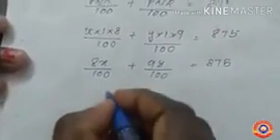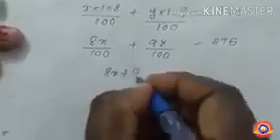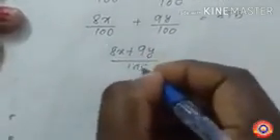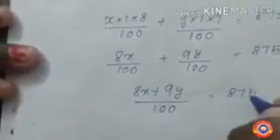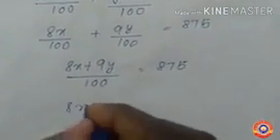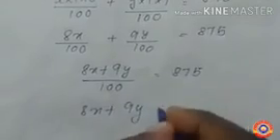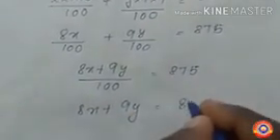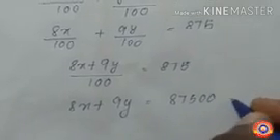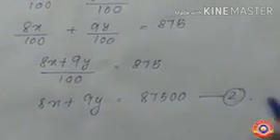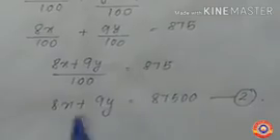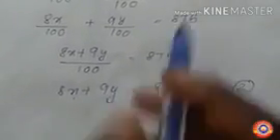So here we can add the numerators. 8x plus 9y divided by 100 equal to 875. So 8x plus 9y equal to 875 into 100, that is 87,500. This is equation number 2. Comparing equation 1 and 2, the variable terms are different.